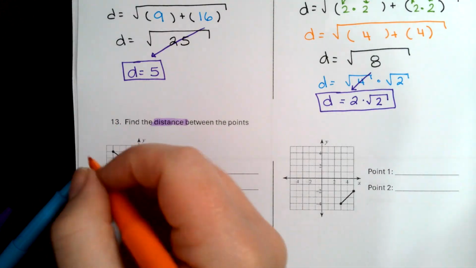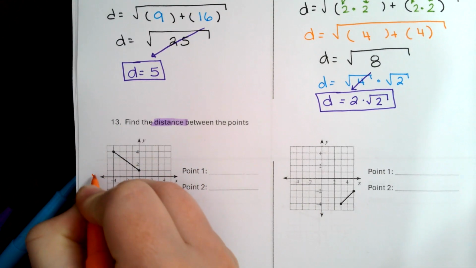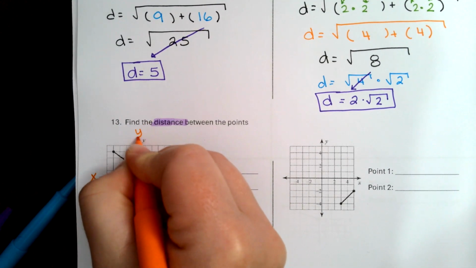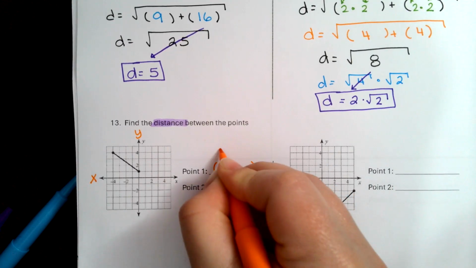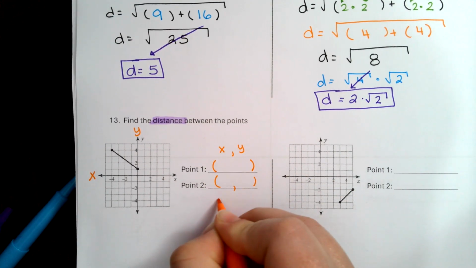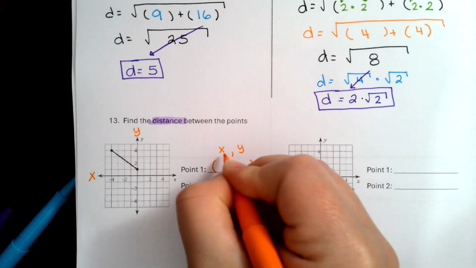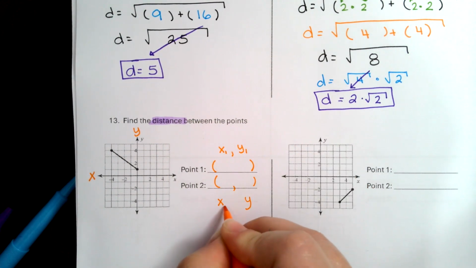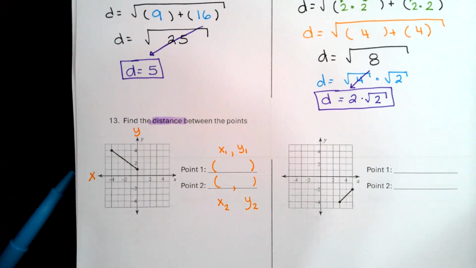So on the left is going to be your point 1. You're always going to drag down or up for x first. And we're going to do that for both. So we want an x and a y. And so we're going to have x1, y1, x2, y2.